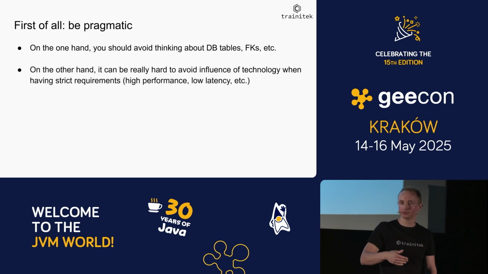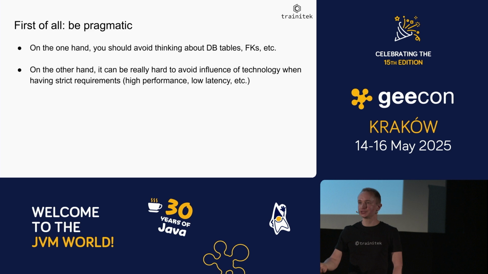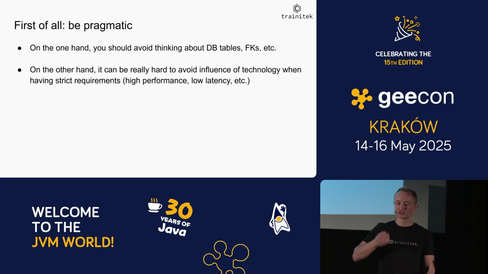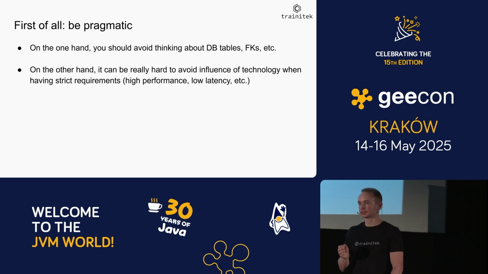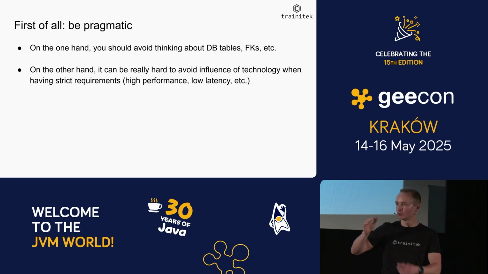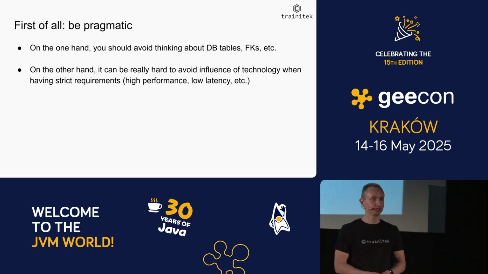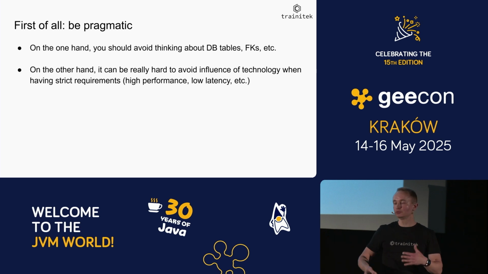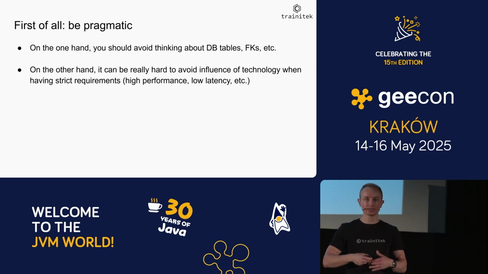On the other hand, you should be aware of quality attributes applied to your system. Maybe you have such strict performance requirements that you can't just create a model that will somehow be persisted to a database, and maybe you will end up with a completely different solution.